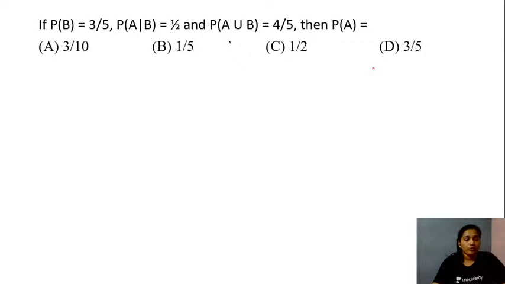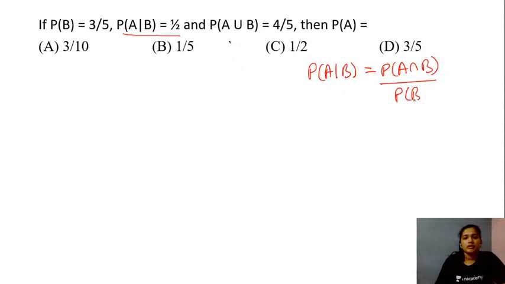If probability of your event B is equal to 3 by 5, probability of your event A given your event B is equal to half, and the probability of A or B is equal to 4 by 5, then the probability of your event A is equal to which of the following? Right, so we have the probability of event A given your event B. This would be nothing but probability of your event A and B divided by the probability of B, right?